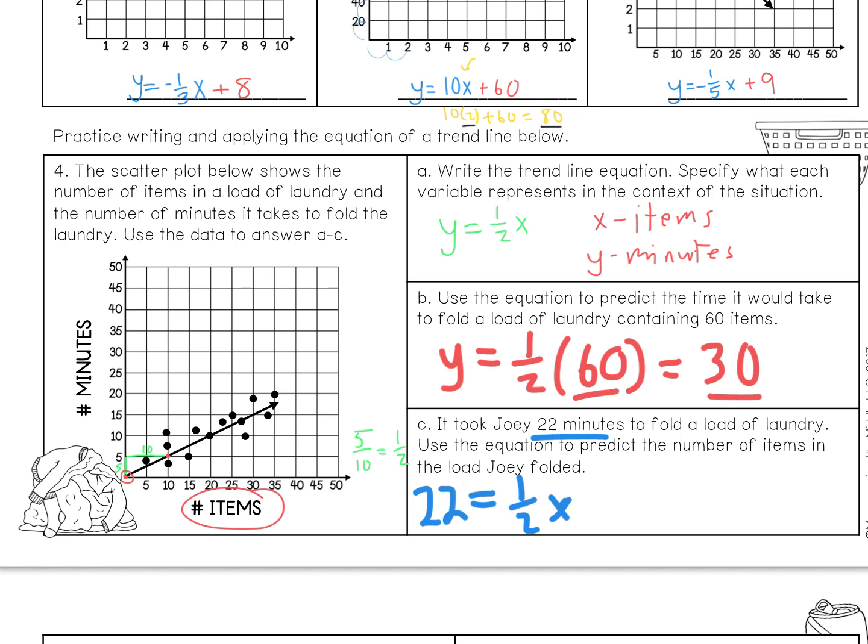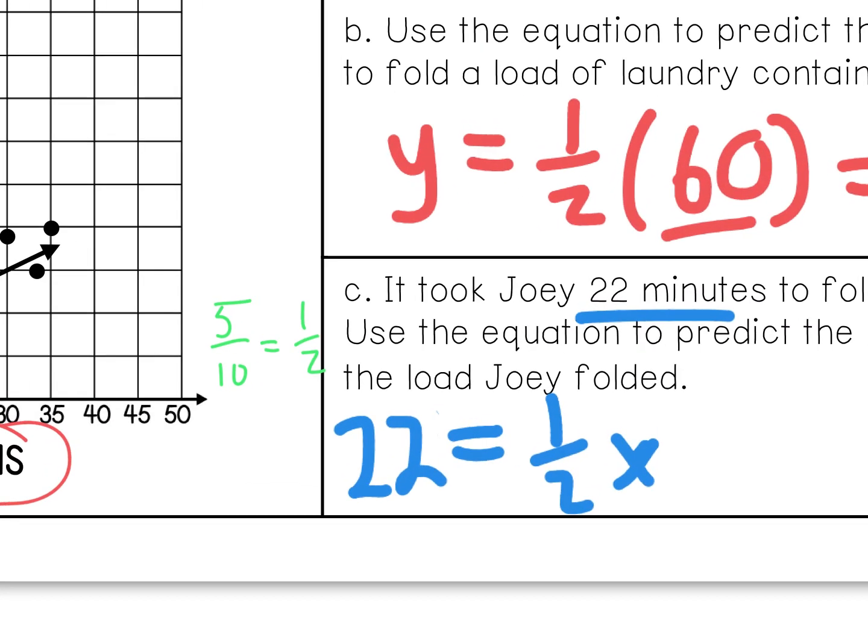Okay. So now how do I get X by itself? It's being multiplied by 1/2, or divided by 2 already. How do I undo a fraction? This is something that we did last year, but very briefly. So you multiply by the reciprocal, so I'm going to do that on both sides.